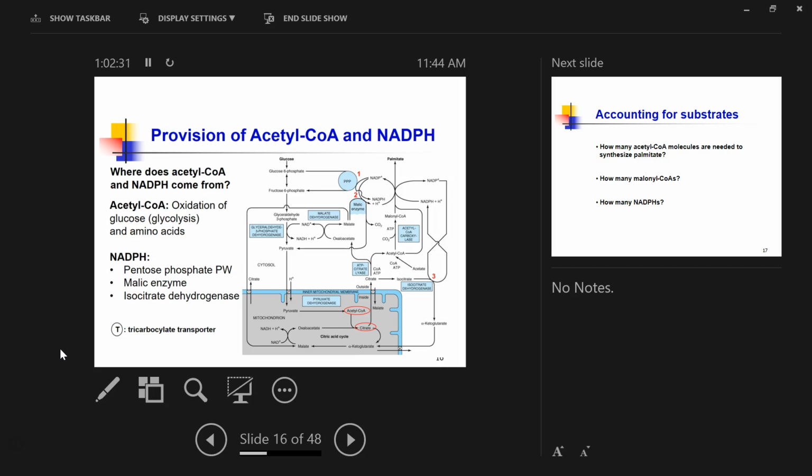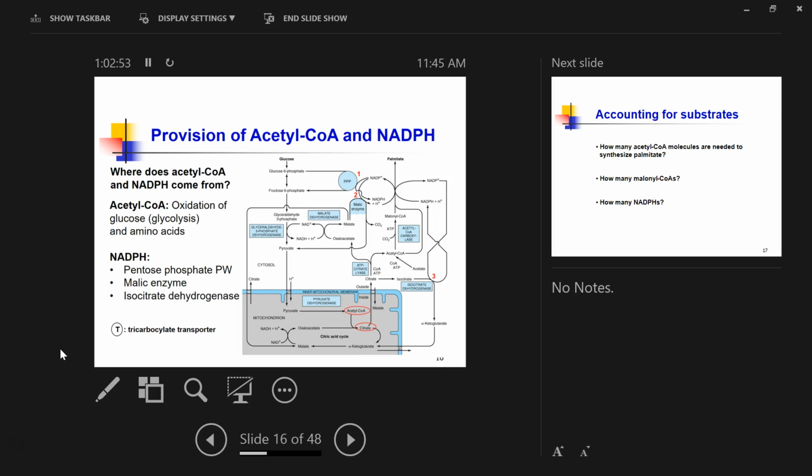We talked about carbohydrate metabolism, right? The acetyl-CoA utilized for fatty acid synthesis is basically from the oxidation of glucose and amino acids.